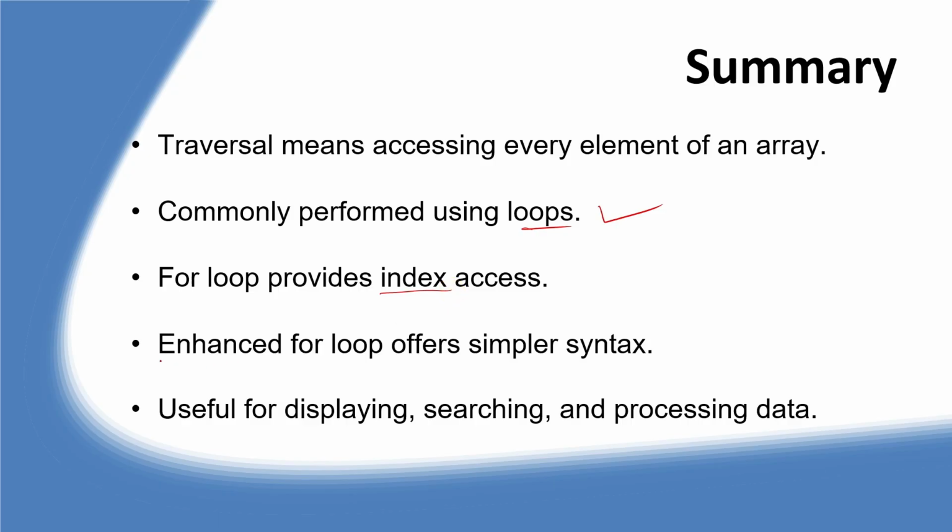We have also seen the enhanced for loop, which is simpler in syntax. We have learned the use cases. We have seen with the example how to use traversal for displaying, and it is also used for searching and different calculations on data.